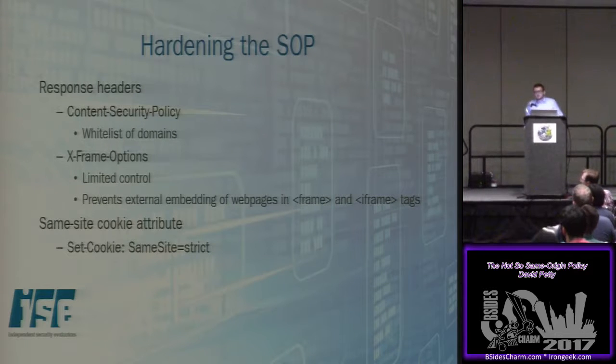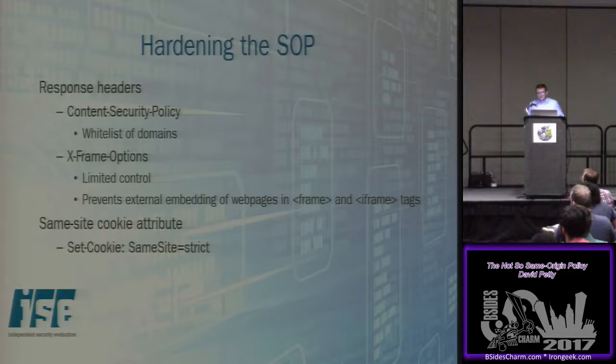Okay, so there are a couple things you can do to harden the same origin policy, but I want to stress that these are not fixes. They're just ways to harden. The first thing is content security policy, a response header that a server can use, and it's just another way of whitelisting domains that can send cross-origin requests. This could be used in lieu of a policy or in conjunction with it. Then X-Frame-Options has much more limited control.